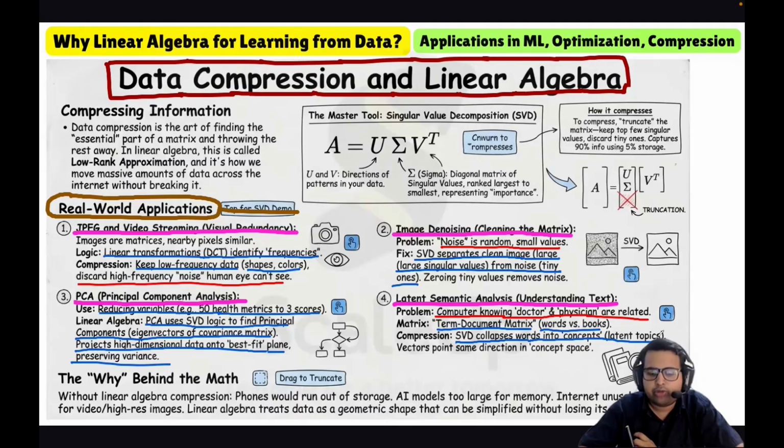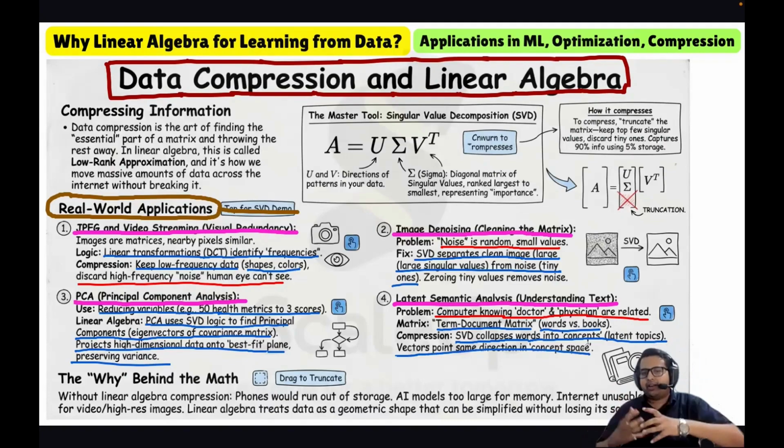Even if two documents don't share the exact same words, their vectors will point in the same direction in this concept space. So the idea is we start with a term document matrix and perform the singular value decomposition of that matrix, wherein we collapse the words into concepts, the latent topics, where vectors point in the same direction in this concept space.